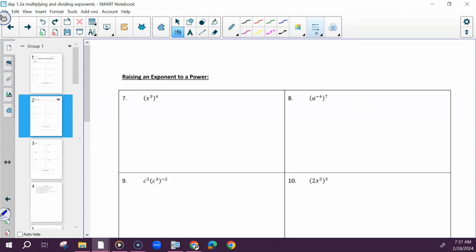I want you guys to try and figure out this rule as well. I'm going to start by expanding, but we're trying to figure out how you could do this without expanding. If I had x to the third to the fourth, that would be x to the third 4 times. And as we just figured out our multiplying rule, I could add up all of these.